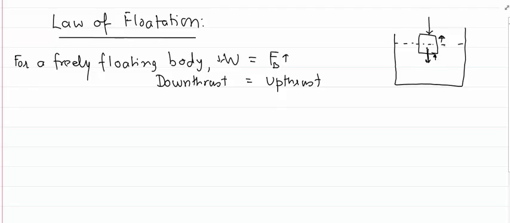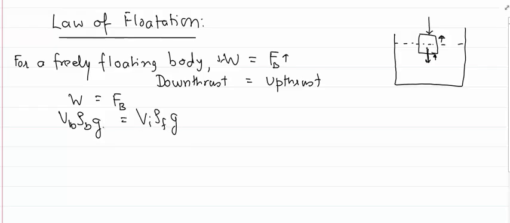So, law of flotation essentially says that for a freely floating body, all the forces acting on the object in the downward direction are equal and opposite to all the forces acting in the upward direction. But for the sake of simplicity, we will use the equation W is equal to Fp in this case. Now W is VB rho B g, and upthrust is Vi rho F g.